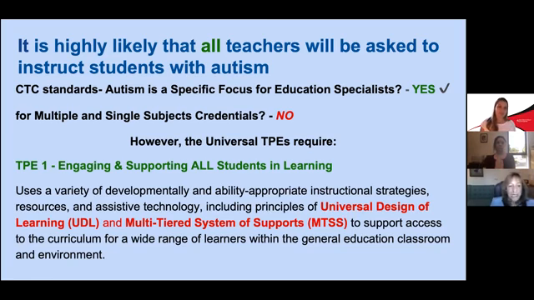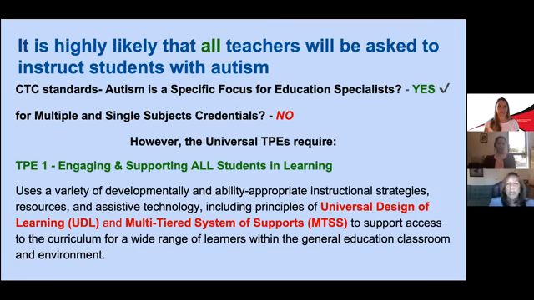meet the TPEs, or teaching performance expectations, that address all students. In other words, for TPE 1, they are to support all students and engage all students and use principles of universal design for learning and multi-tiered systems of support.